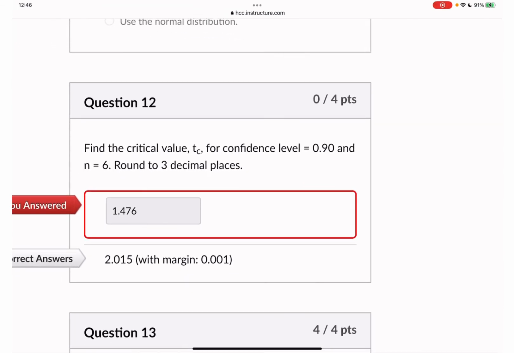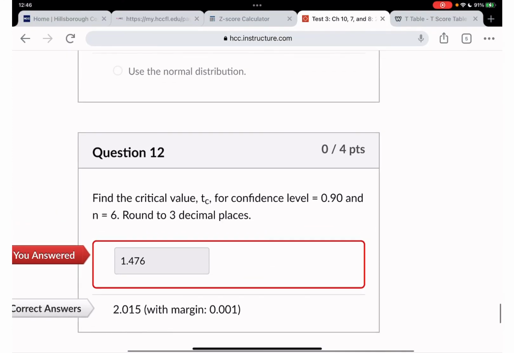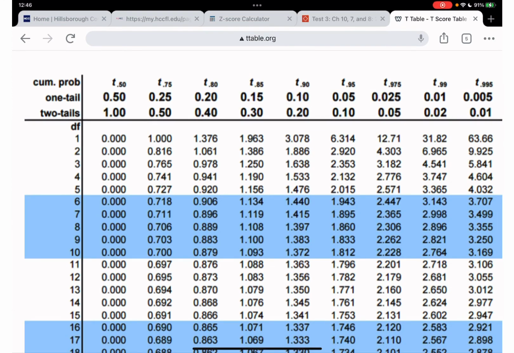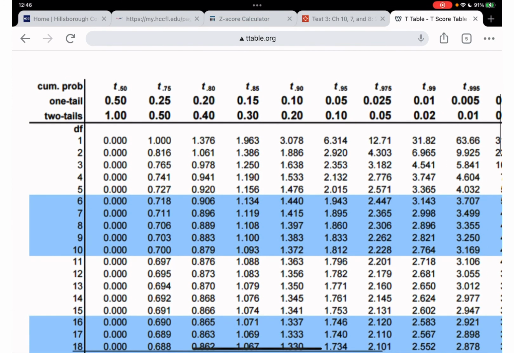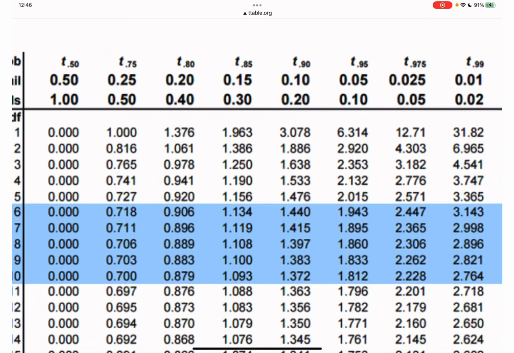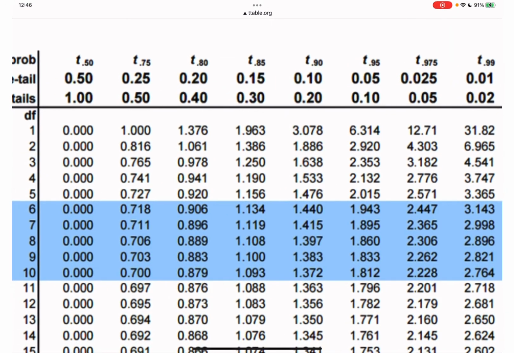0.9 and n is 6. Okay, 0.9, that means alpha will be 0.10. Oh, I didn't divide by 2, 0.05. Okay, one tail 0.05, and we are taking 5, and that's how we get here. It is 2.015. The mistake I made was that I didn't divide.